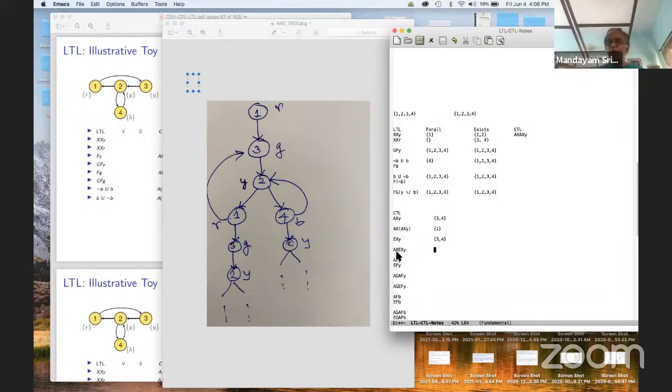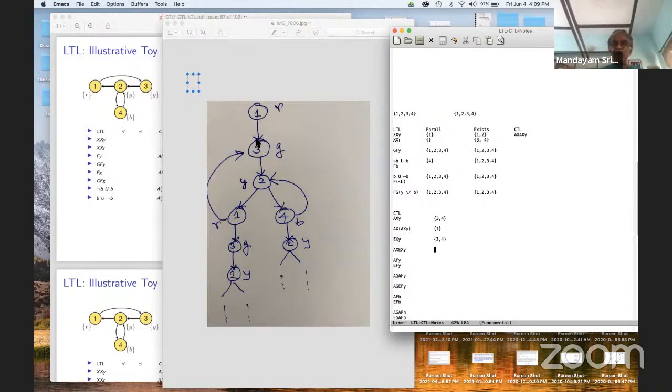Then you look at those states in which the next state must be in the set: all the successors must be either 3 or 4. That's why it is only 1. From 1, there is 3 or 4.